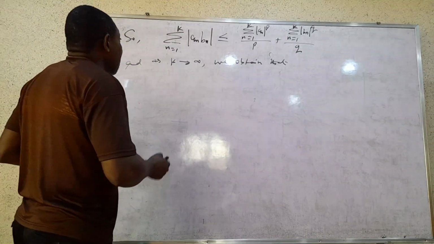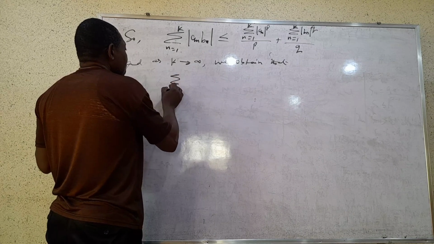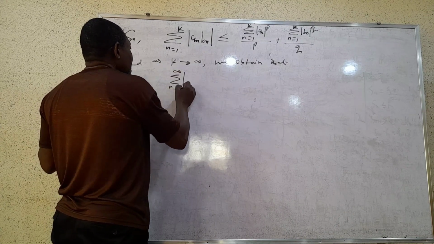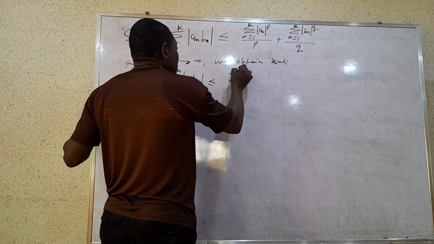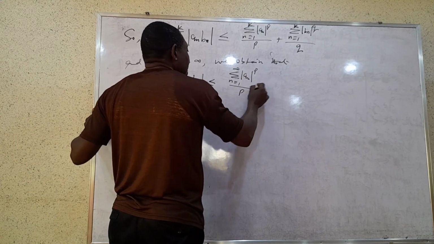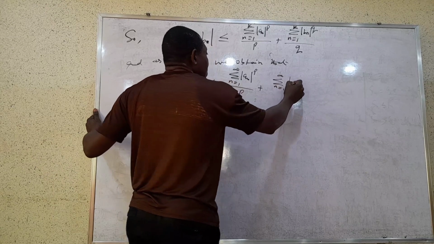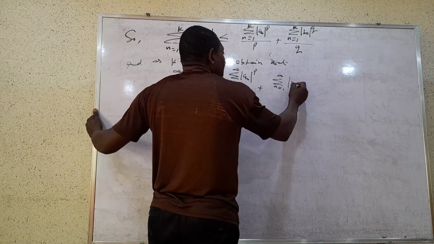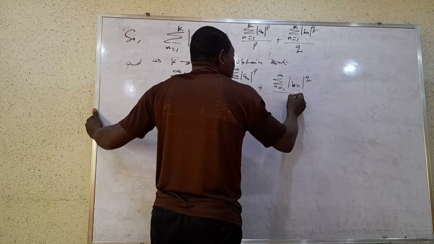As k tends to infinity, we obtain that summation n equals 1 to infinity of the absolute value of a n bn is less than or equal to summation n equals 1 to infinity of the absolute value of a n to the power p over p, plus summation n equals 1 to infinity of the absolute value of bn to the power q over q.